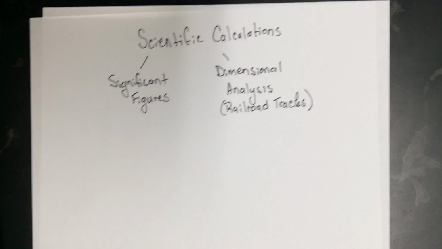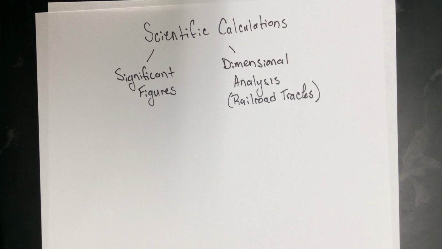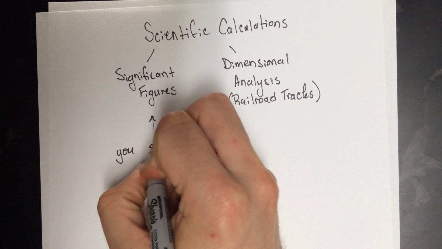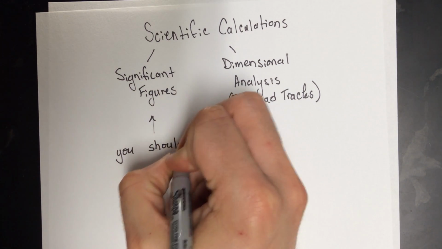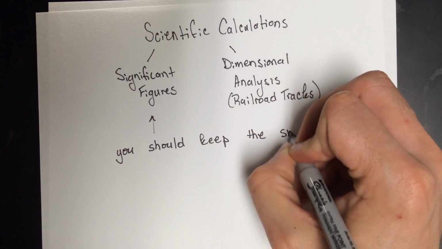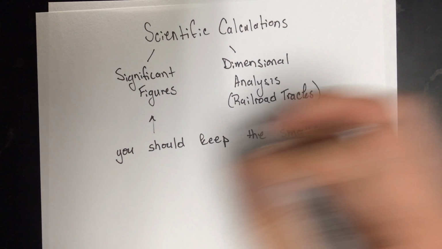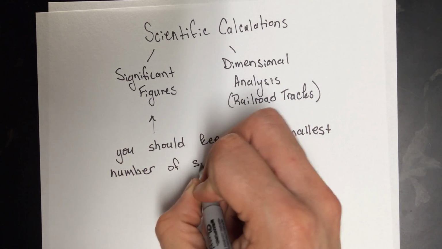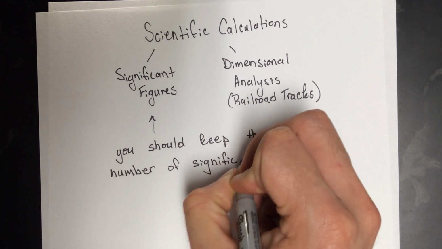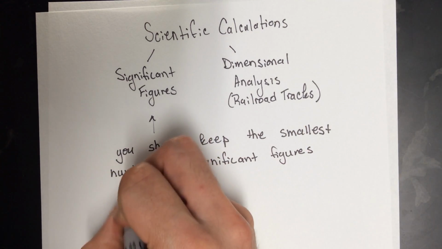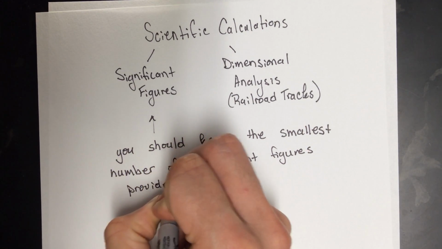So to get started with significant figures, there's one fairly straightforward rule, and that is you should keep the smallest number of significant figures provided in the problem.